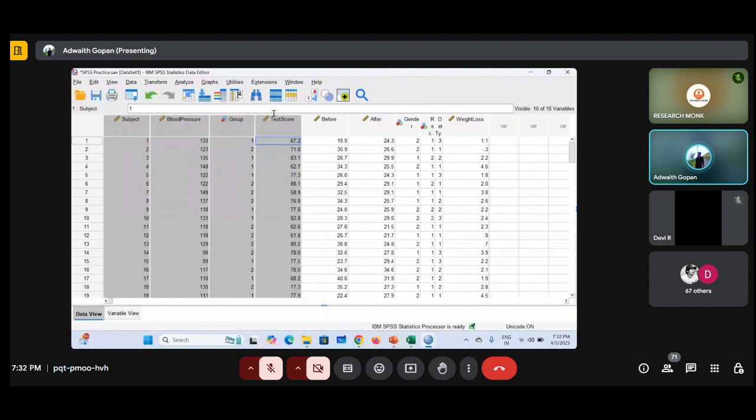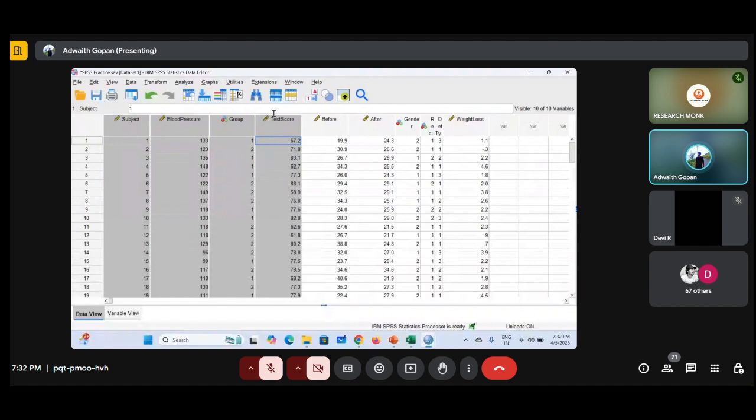Here in the variable view, you will get the list of variables, that is, subject ID, blood pressure, group, test scores before, and the rest of the columns contain the information regarding the variables. There are some things you have to keep in mind when it comes to the variable view.